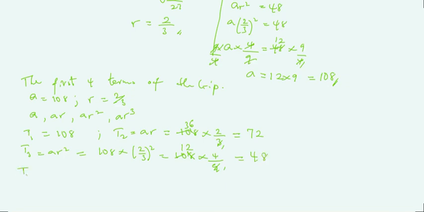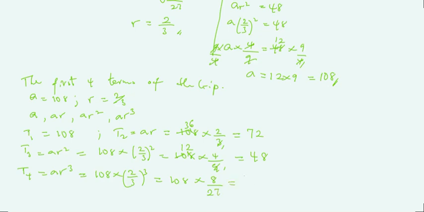Let's go to the fourth term. Our fourth term equals ar raised to power of 3. So we now have 108 for our a times 2 over 3, everything raised to power 3. So we now have 108 times what? 2 raised to power 3 is 8. 3 raised to power 3 is 27.